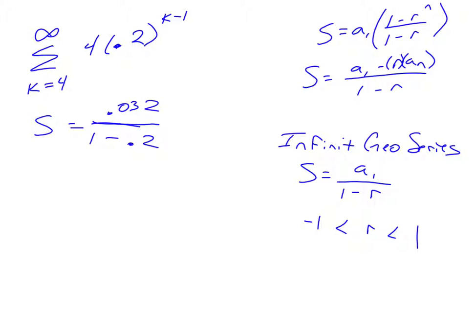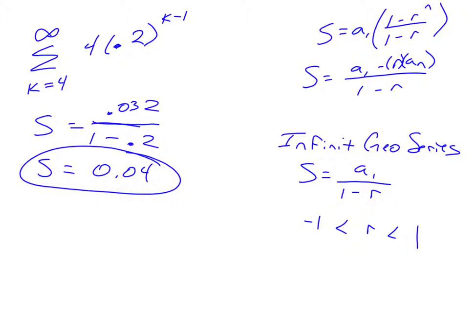Alright, and then we punch that in our calculator. So we have 0.032 divided by 0.8 on the bottom, right? So we end up with 0.04 as the sum of our infinite geometric series.